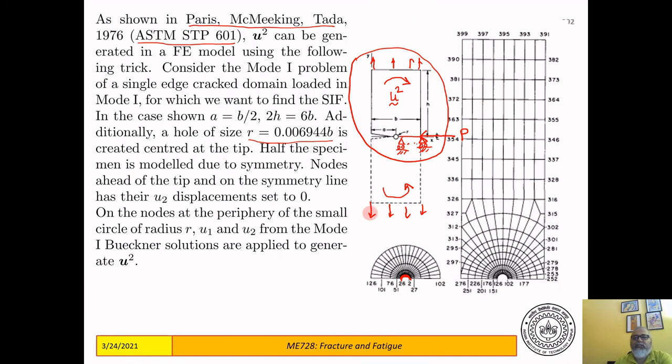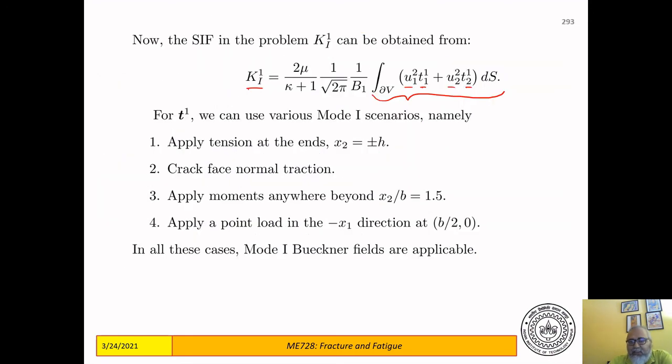So these are all possible mode 1 cases that you can solve, and for all of these mode 1 cases, the T11 and T21 change, but u2, u12 and u22 remain the same. That's the Buchner solution that you have generated, and hence you can calculate this integral numerically. So that will give you the K1.